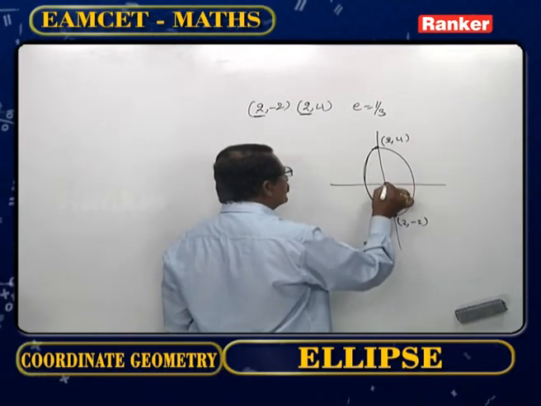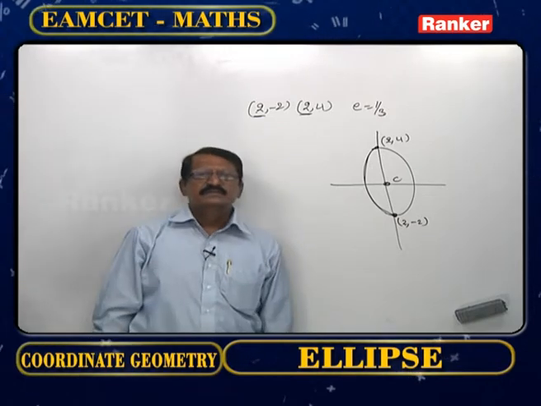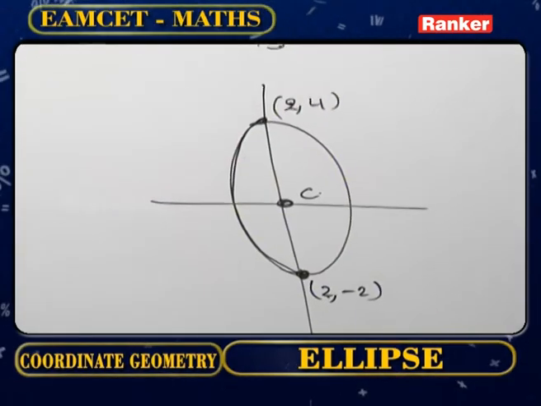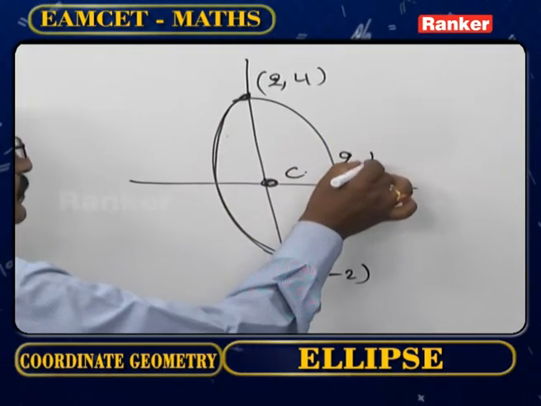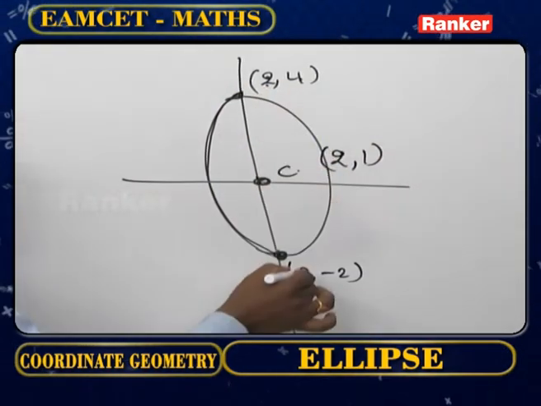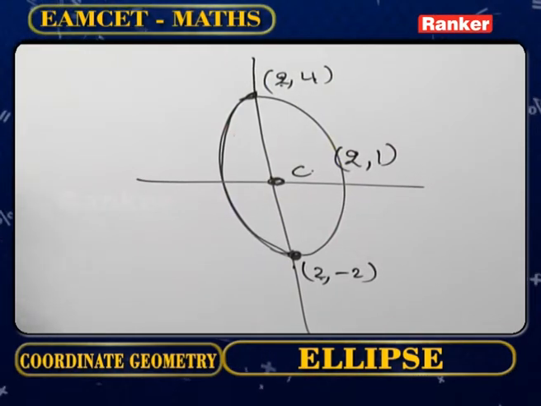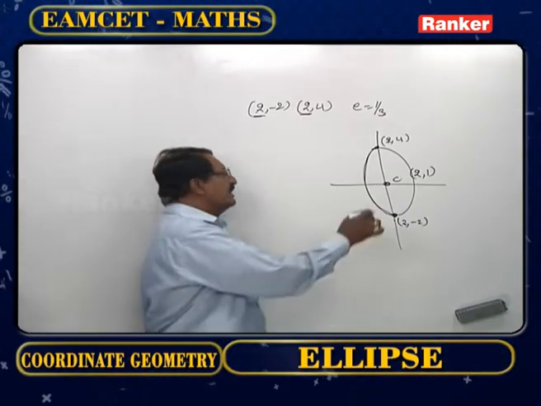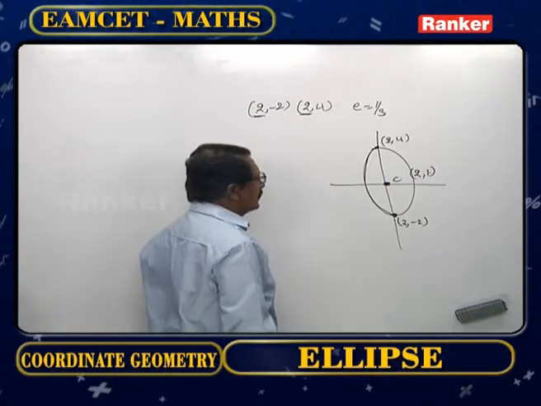Now the center of the ellipse is always the midpoint of the vertices, the midpoint of 2 comma 4 and 2 comma minus 2. Midpoint formula: x1 plus x2 by 2 comma y1 plus y2 by 2. By applying that formula we get center 2 comma 1.